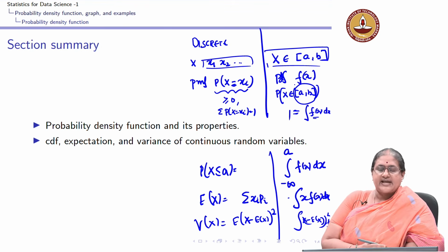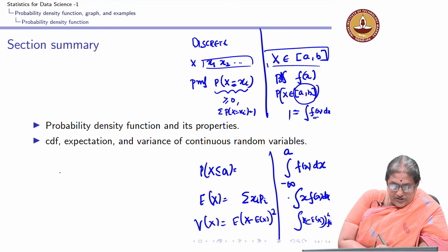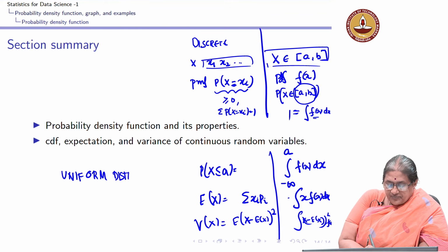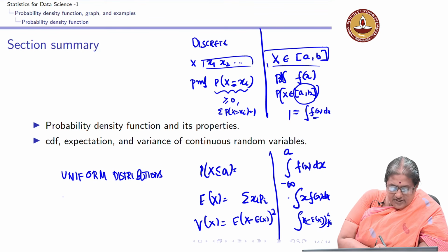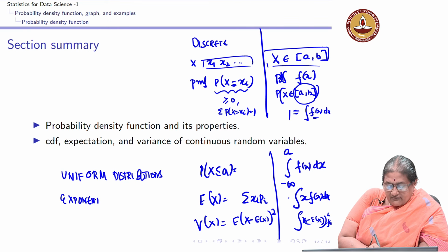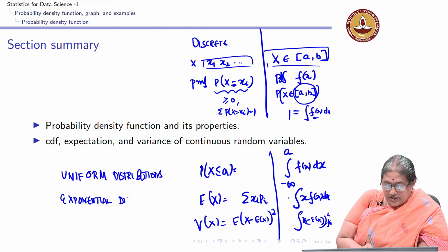So, what lies ahead is we will be looking at specific continuous distributions. In particular, we will look at the uniform distribution and certain conditions that can be modeled using uniform distributions. We look at another important distribution which is used a lot in queuing theory, which is called the exponential distribution.